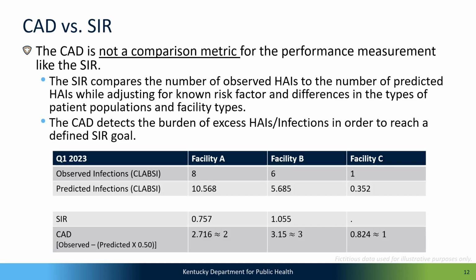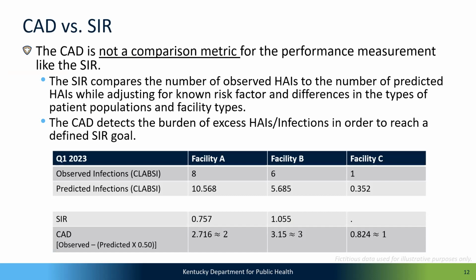The SIR is designed to compare the actual number of observed infections against the number of predicted infections. This comparison is adjusted to account for factors such as known risk factors, variations in the patient populations, and differences within each facility type. The goal is to offer a fair and standardized assessment of these infection rates, and that is achieved by the SIR.